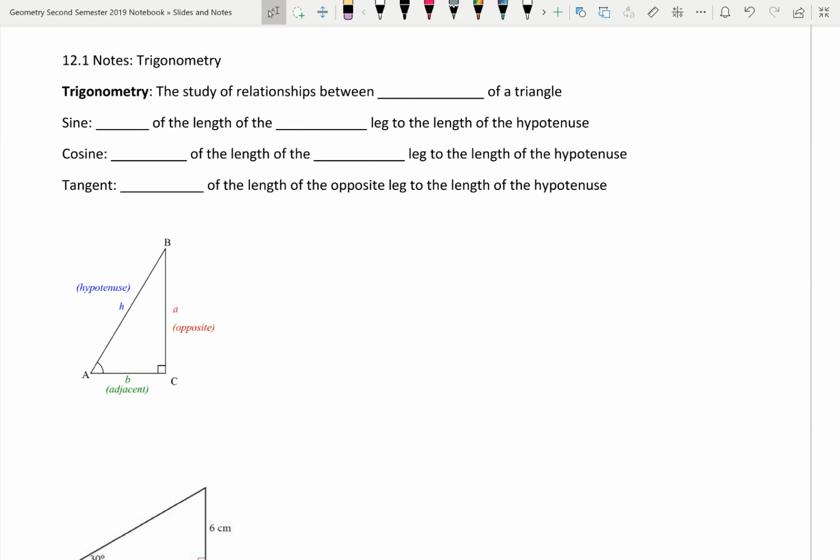Introduction to trigonometry. Trigonometry is the study of relationships between sides of a triangle. Sine is a ratio of the length of the opposite side, opposite leg, to the length of the hypotenuse.